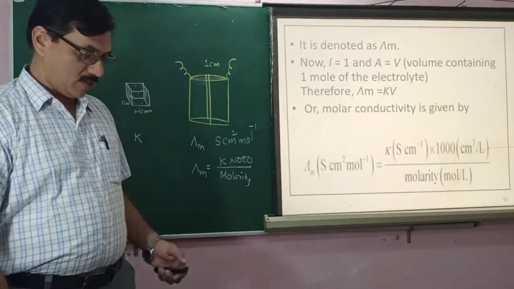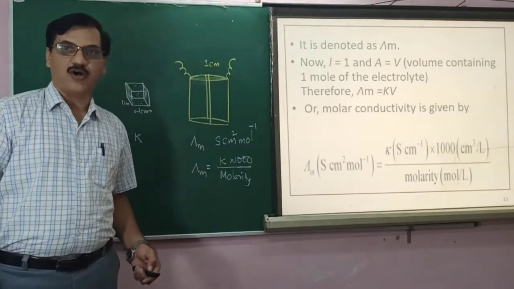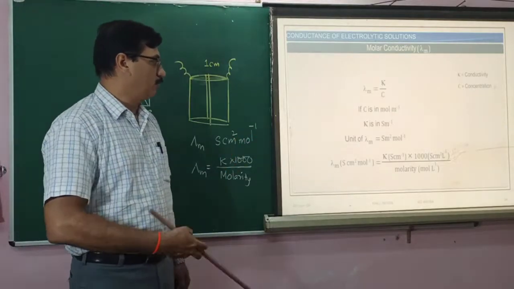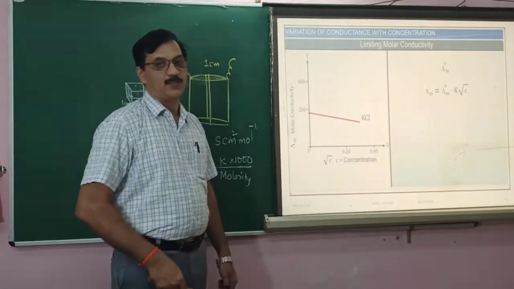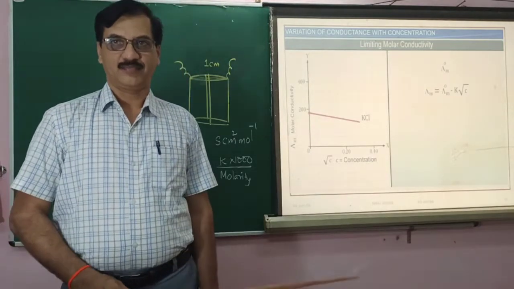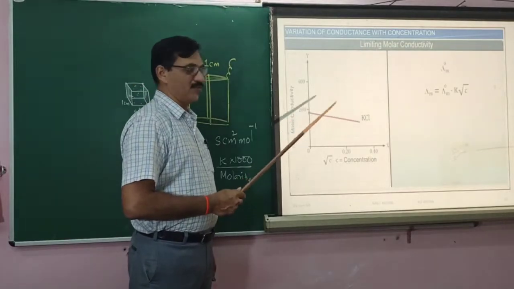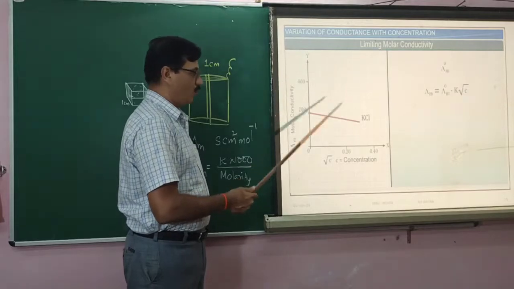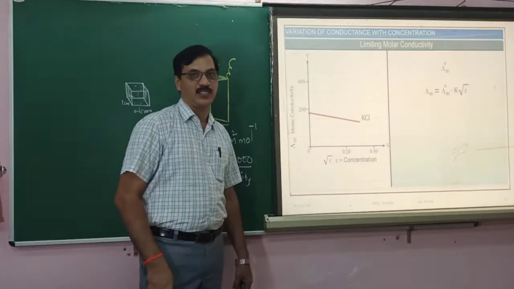Now, what does this molar conductivity depend upon? We have seen the units here. Molar conductivity depends upon the concentration. So we have taken a graph in which molar conductivity versus root of concentration is plotted.